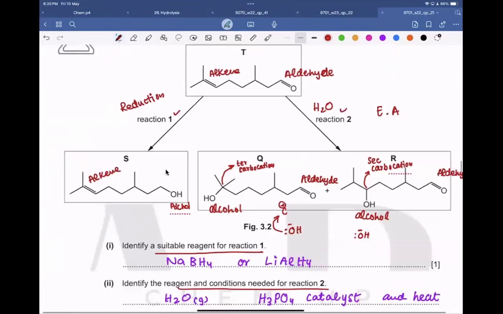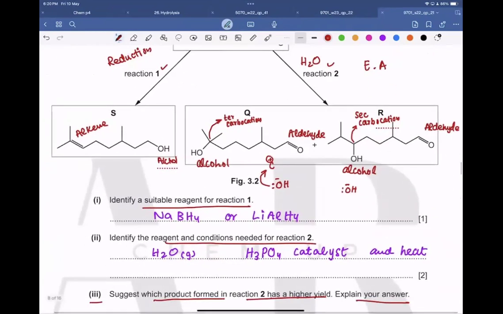So we know that tertiary carbocation is more stable than the secondary one. And in Q, the intermediate was a tertiary carbocation, which has more alkyl groups, hence more positive inductive effect, due to which the charge density of the carbocation is reduced.